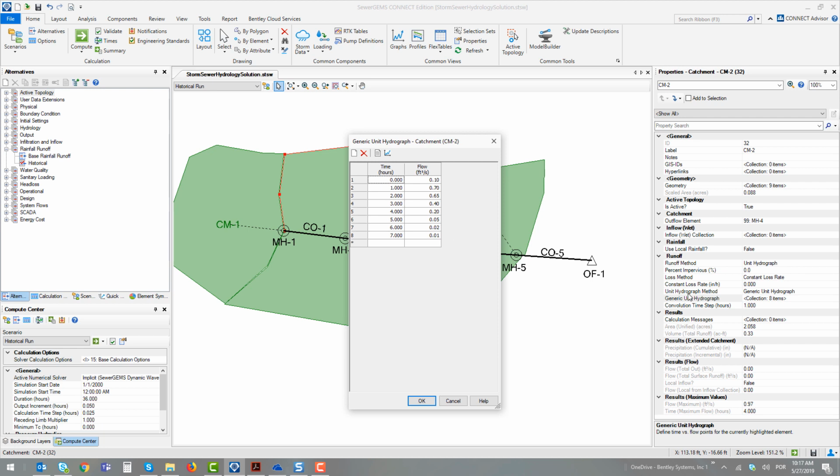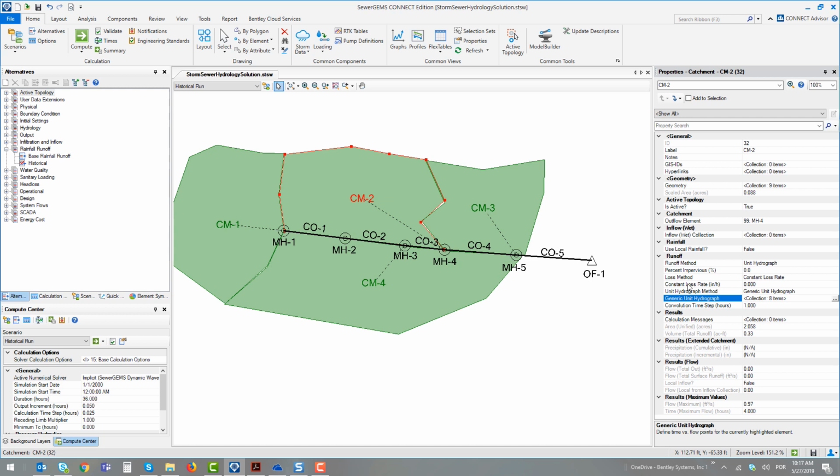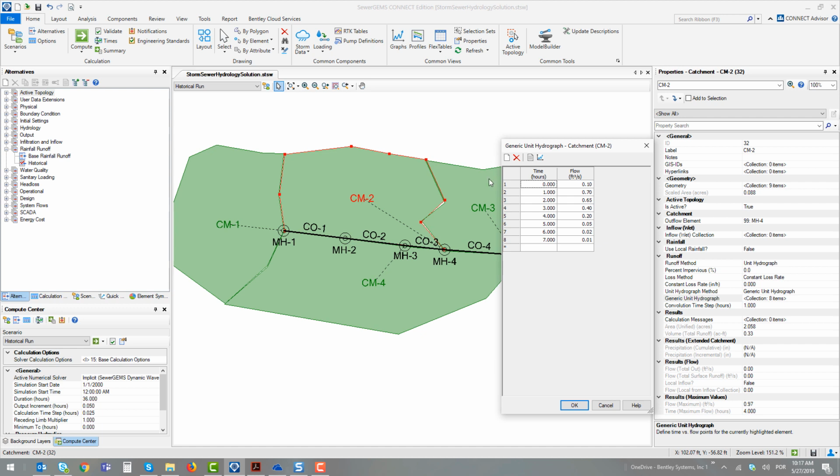So we keep the constant loss rate, as we can see in the properties attribute, at 0, because in these cases mostly the losses are computed when defining a generic unit hydrograph.